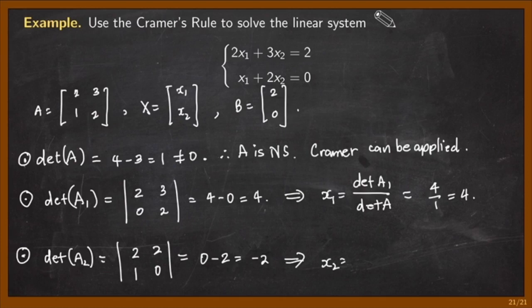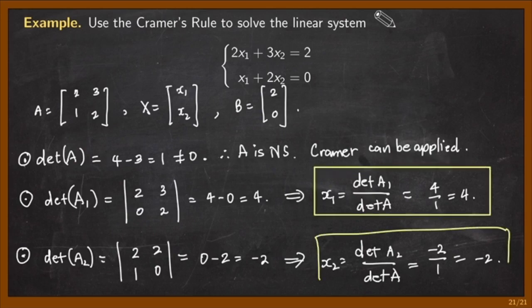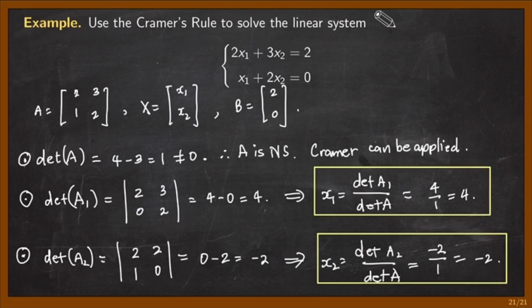So x2 is that determinant of A2 divided by the determinant of A. But that is just negative 2 over 1, so that's negative 2. So you finally get the values of x1 and x2. So you get the following solution. Only one solution, of course, because the linear system is non-singular.